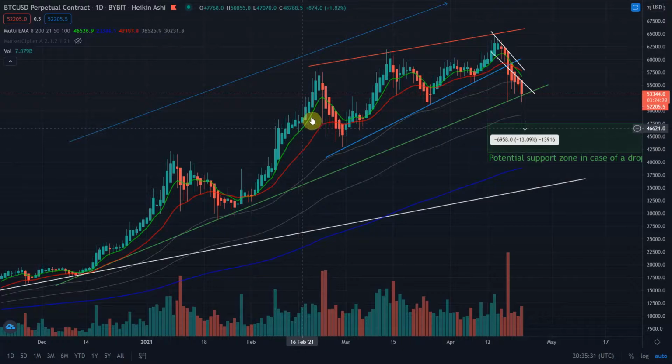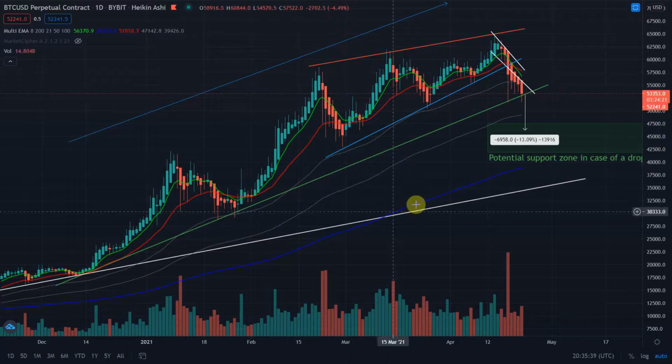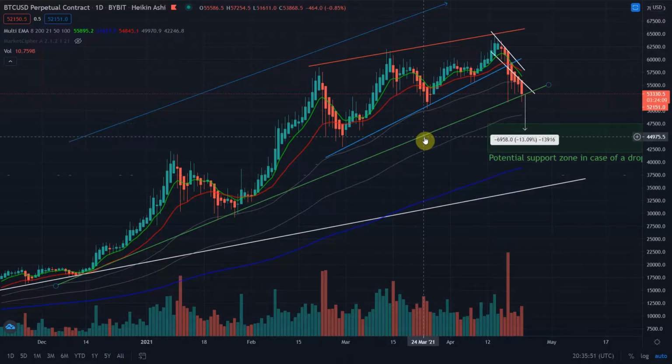The green one is the 8-day moving average. This is the 21-day moving average. The first gray is 50. This is 100 and this is the 200-day moving average. Why I've chosen these numbers, we will cover in a later tutorial video. This video is specifically just for Bitcoin analysis, so let's concentrate on that.